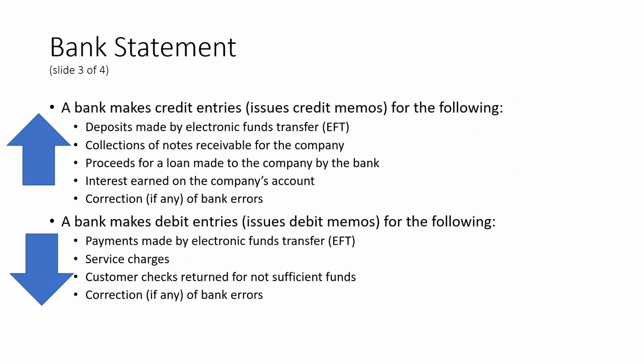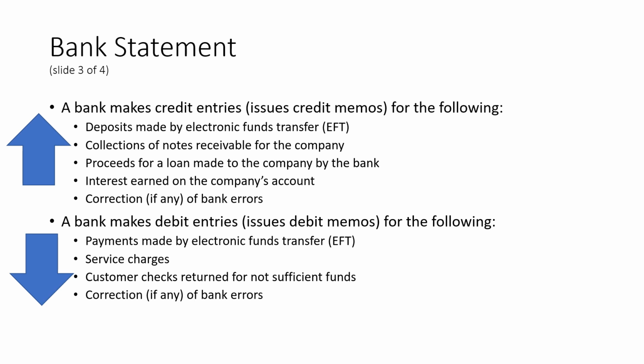So these are a couple examples of what would be credits and what would be debits. So this doesn't have to do with journal entries right here. This has to do with, from the bank's perspective, looking at a bank statement, what are going to be credit entries and what are going to be debit entries, just when you're looking at your bank account statement.